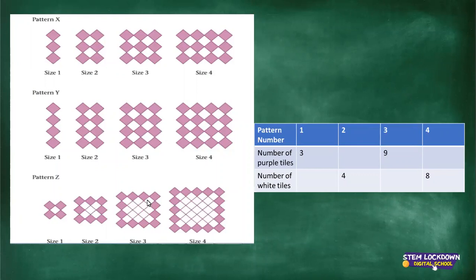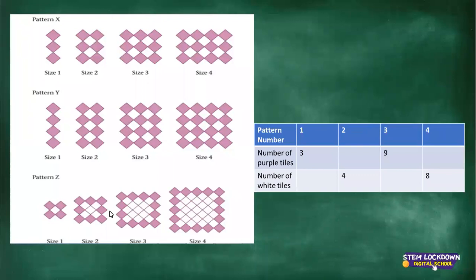It's 1, 2, 3, 4, 5, 6, 7, 8, 9, 10, 11, 12, 13. You see? And if you multiply by 4, you can't have 13 white tiles. You cannot multiply 4 and get the answer 13.